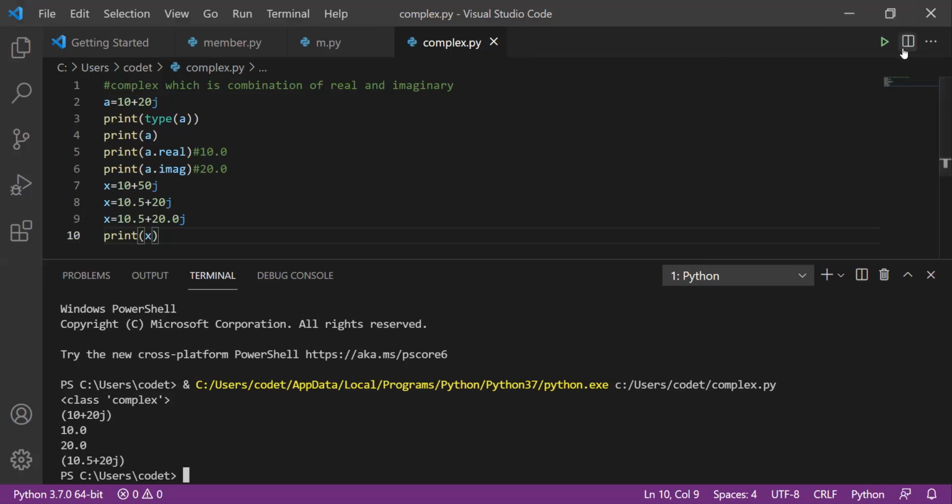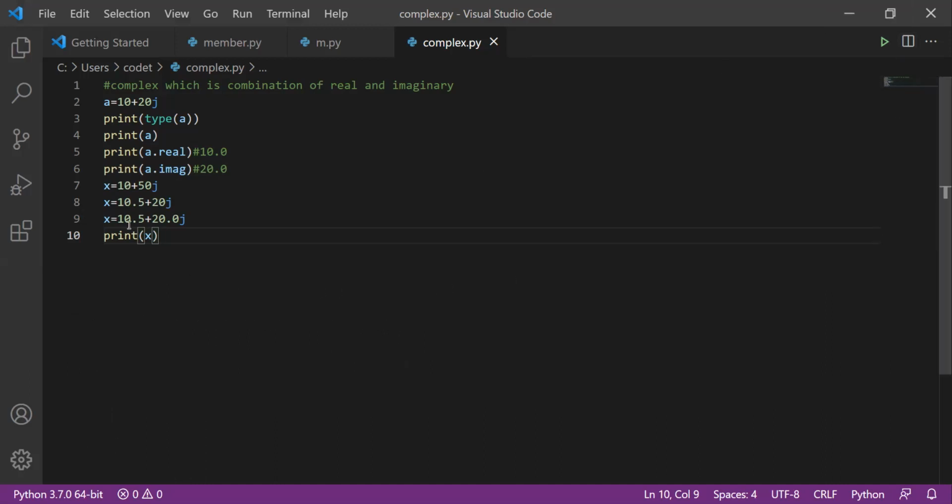Now I want to show you one more thing. If you want to get only the real part, you have to enter variable dot real. Always remember the real part can be integer, float or decimal.